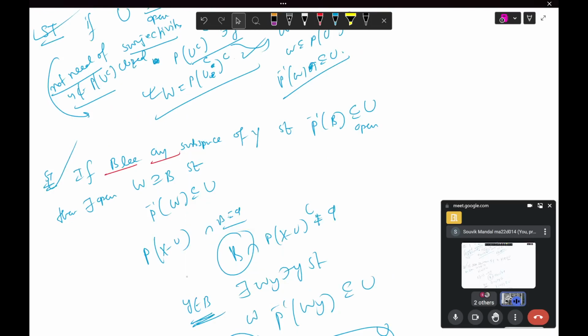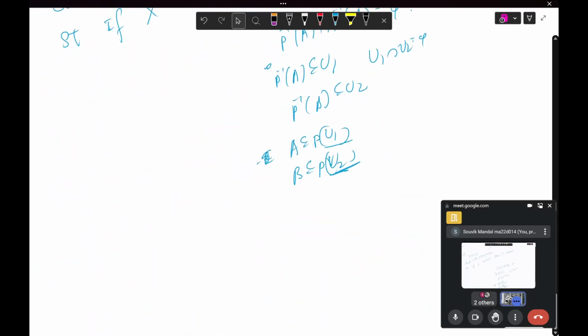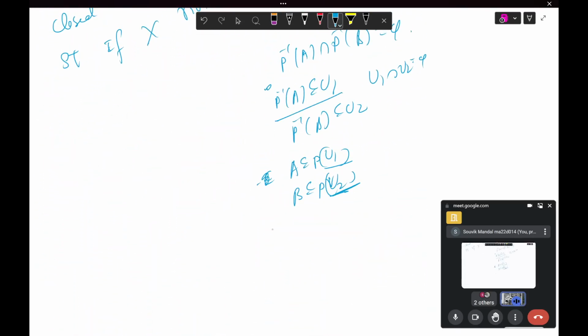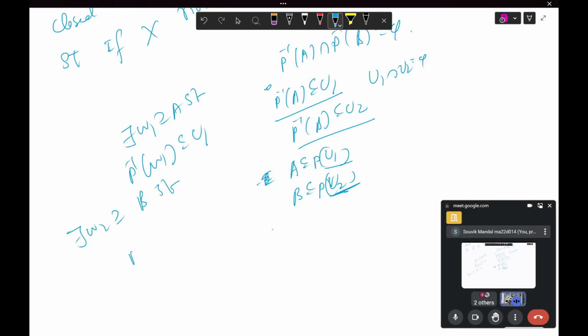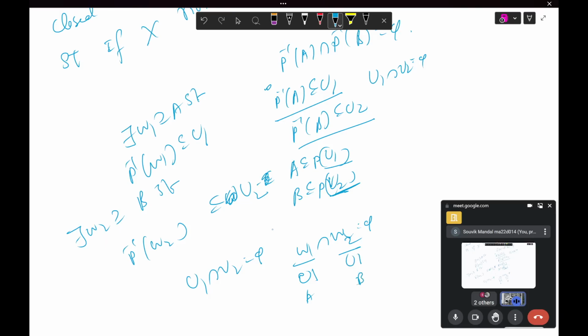If B is any subspace of Y such that p inverse B is a subset of U, then we get an open neighborhood W containing B such that p inverse W is a subset of U. So in the current context of normality, you already have p inverse A subset of U1 and p inverse B subset of U2. So we get a neighborhood W1 containing A such that p inverse W1 is a subset of U1, and a neighborhood W2 containing B such that p inverse W2 is a subset of U2. Now since U1 intersection U2 is empty, W1 intersection W2 is empty, and W1 contains A, W2 contains B. You understand?